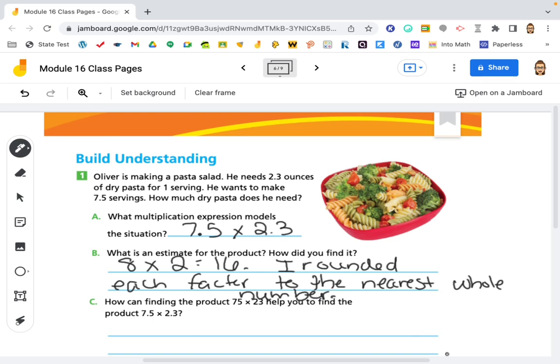How can finding the product 75 times 23 help you find the product of 7 5/10 times 2 3/10?